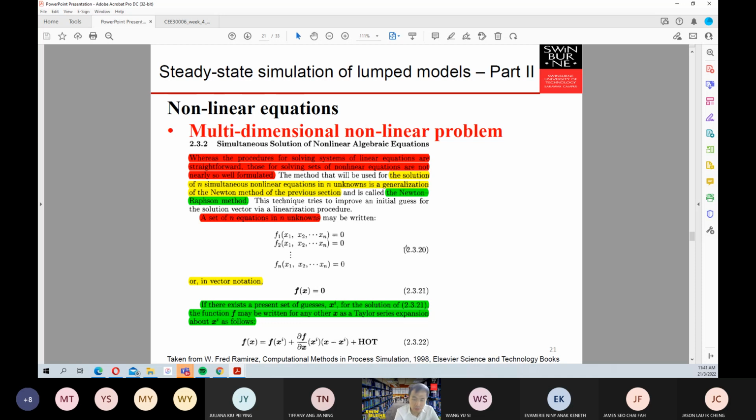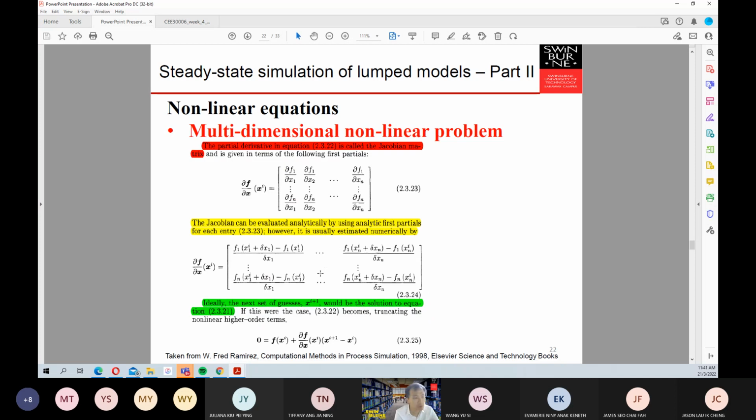Now, if we do that for linear equations, it's quite straightforward, right? The question is what happens if we are dealing with two nonlinear equations or more than two nonlinear equations. So what we can do in here is write in vector notation. The best way to solve these is using the so-called Newton-Raphson method, but extended to the multidimensional problem.